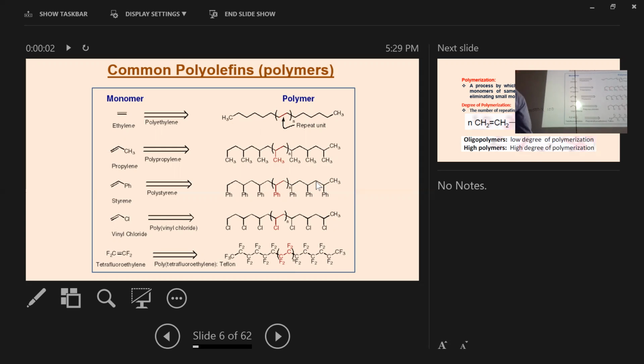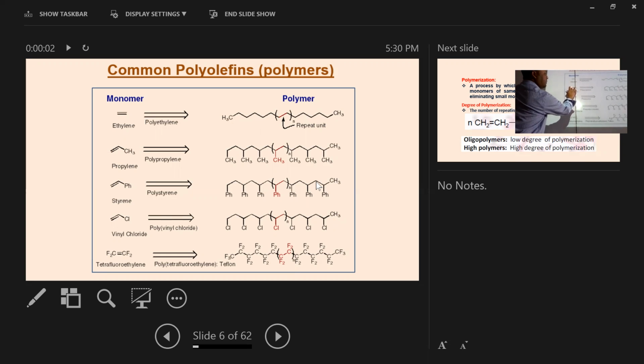Okay, in that case, if you consider maybe this is 1 unit, this is another unit, whatever we are getting, when you have this type of CH3 double bond CH and CH2, in this case, you will have the repeating unit. Maybe I can write down.